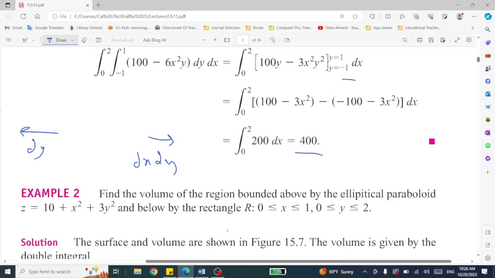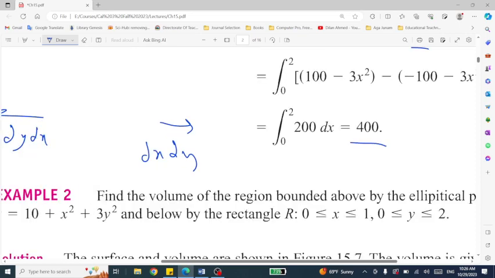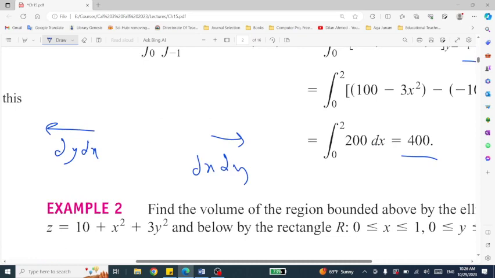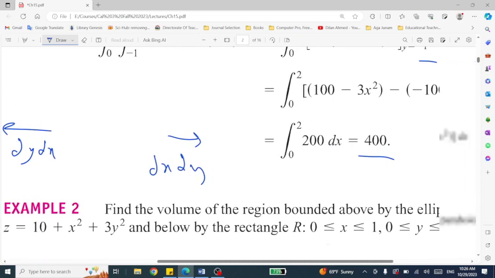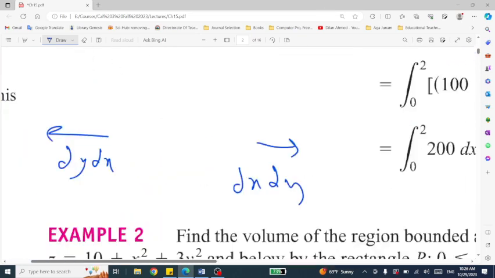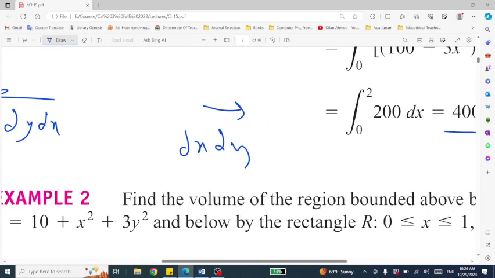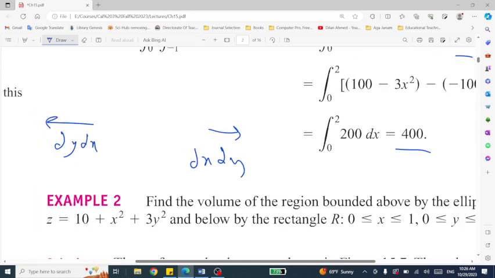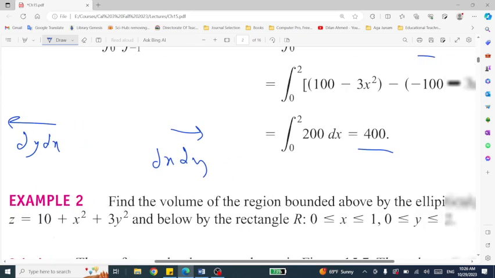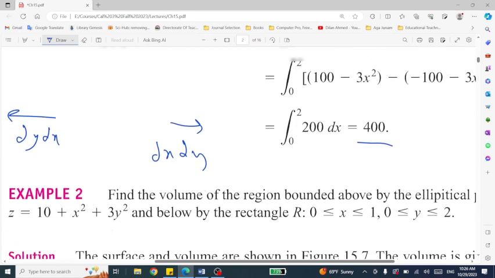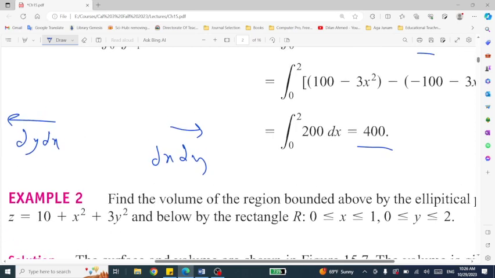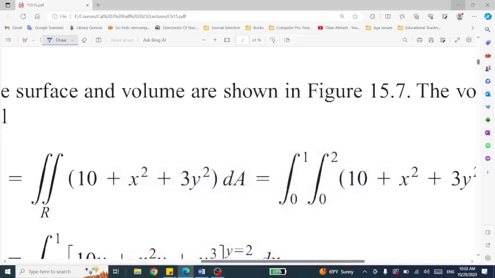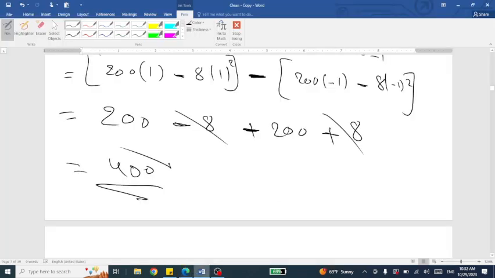The other part dy by dx, please. Yalla. So help me for the next example.